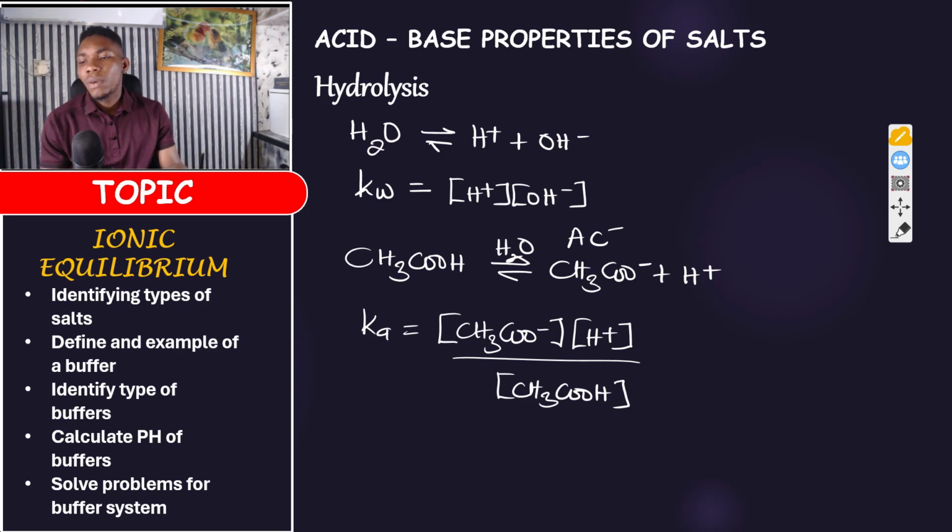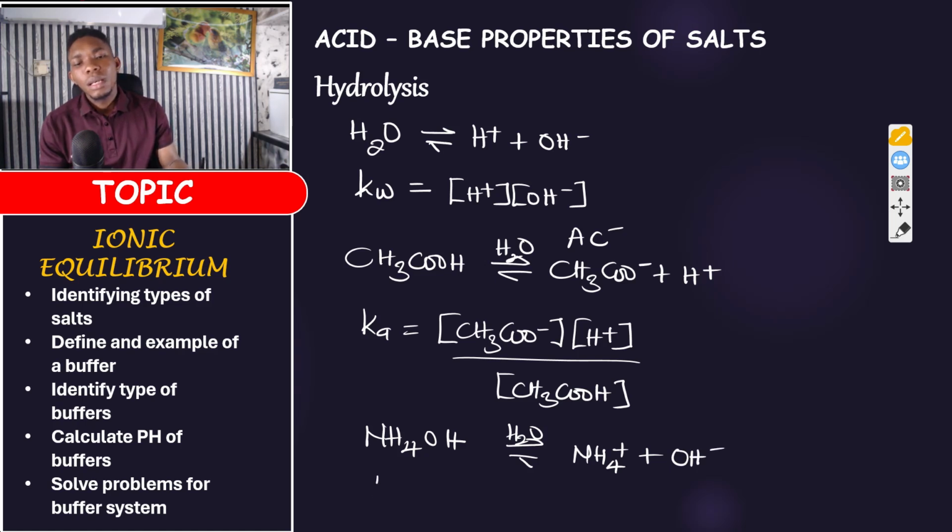Now, let us look at another case where you have ammonium hydroxide. When this dissociates in water, it's going to form the ammonium ion plus OH negative ion. What do you think our Kb for this case will be?